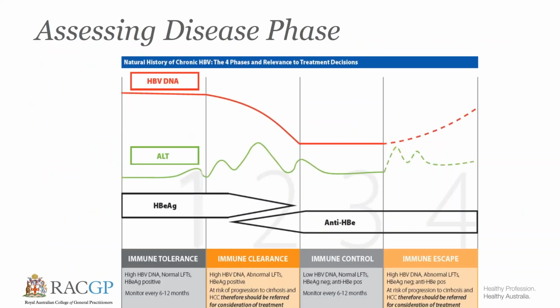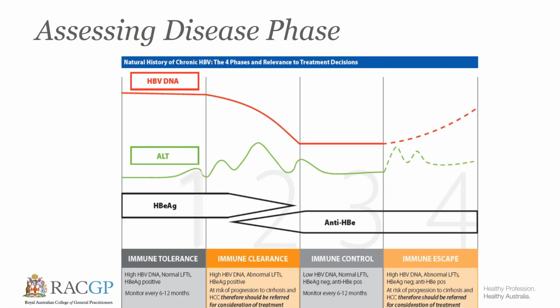So this is covering some of the earlier questions we had, Tim, about assessing disease phase and what to do. So out of those tests that you've just ordered, a virus level or a DNA, the liver function test, ALT, and the E antigen, these are used together to classify chronic hepatitis B into one of four immune phases.